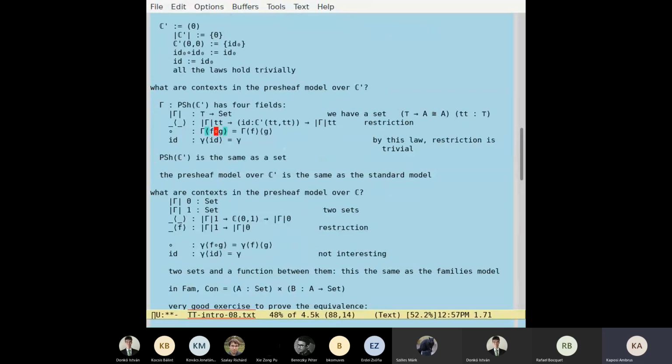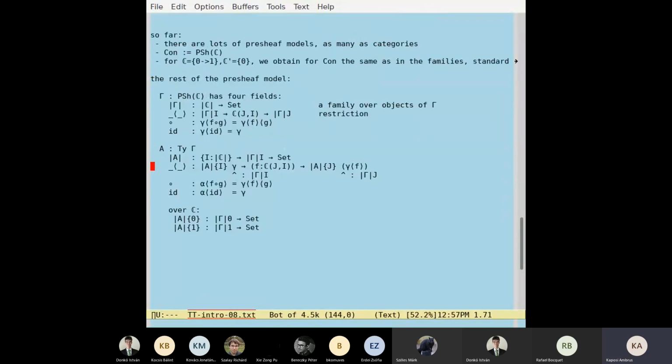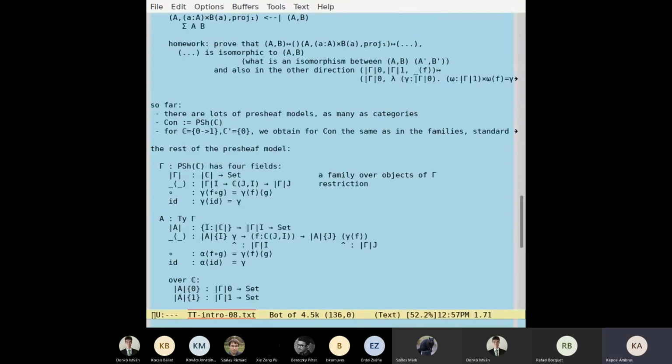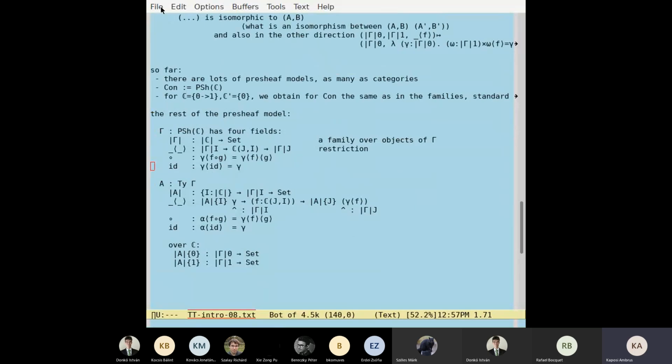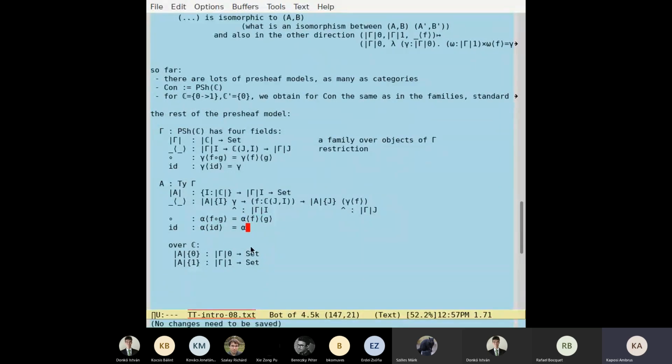So here. Okay, and even here. Okay, so yeah, and okay, let's type check this, that this equality really makes sense.